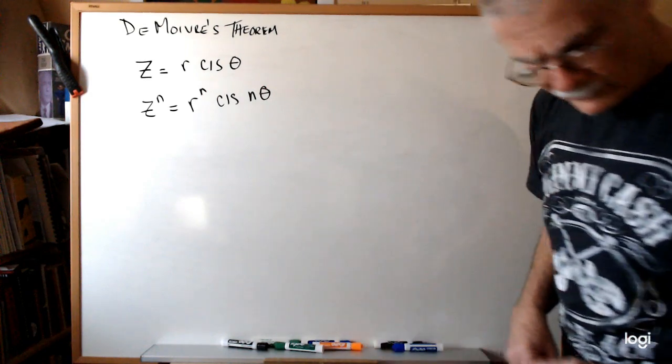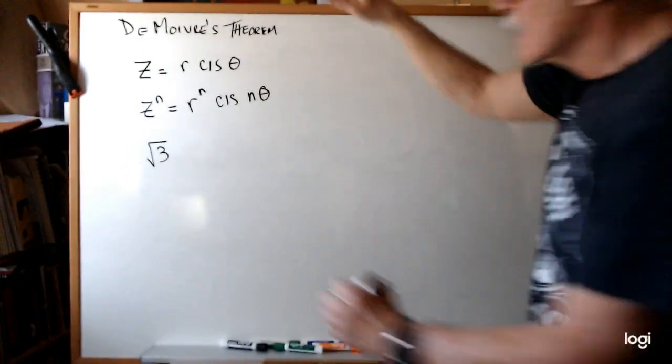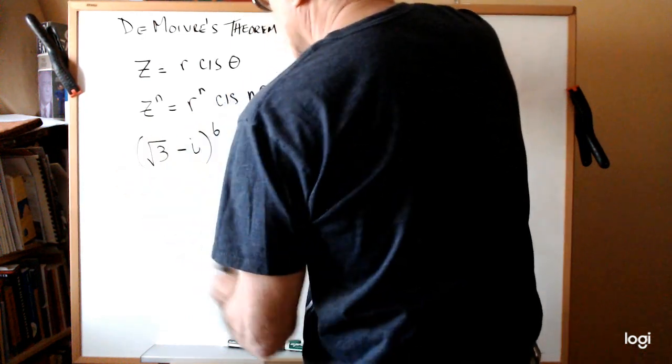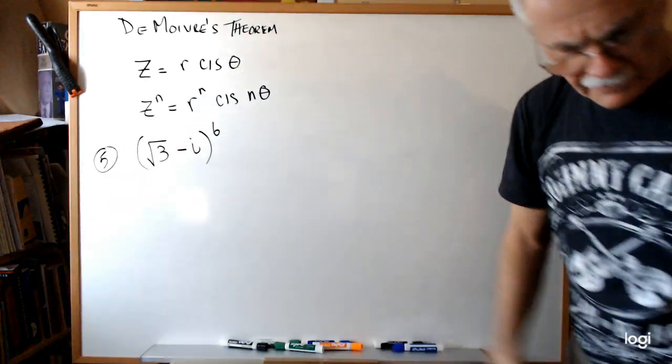Okay, so the problem that I would like to do is radical 3 minus i to the 6th power. Okay, so this is example maybe number 5, I'm not sure.